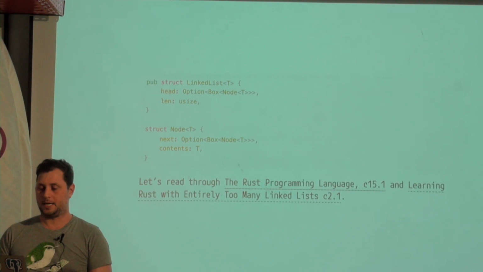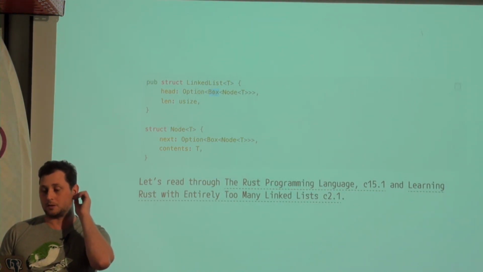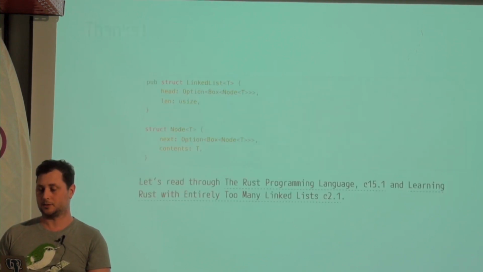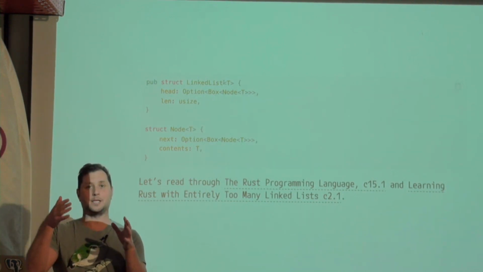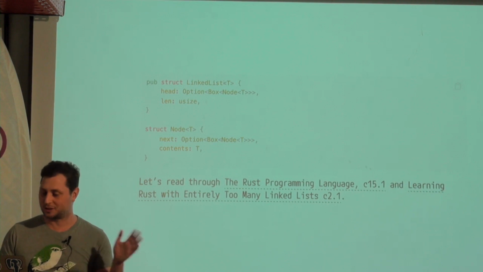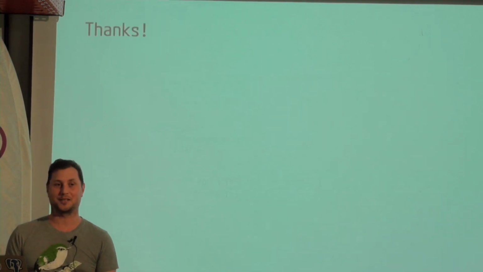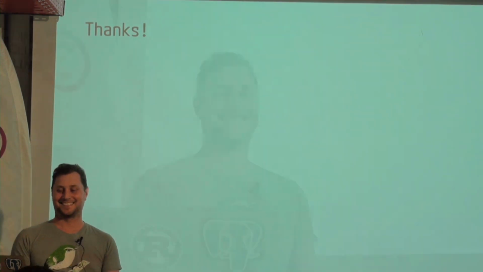If I wanted to implement a linked list in Rust, I would call for Box, because otherwise I would try to create a type that's of infinite size. And with that, I think we'll skip looking through the other sections of the book, and I shall say thank you and done.